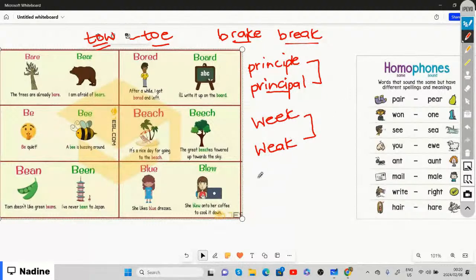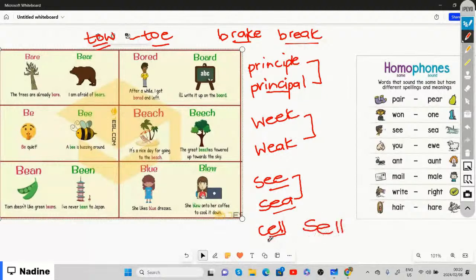Then we have see, like where we see with our eyes, which is double E. Then we have sea, SEA, which is the sea as well as the ocean. And then cell, CELL, plus sell, SELL.